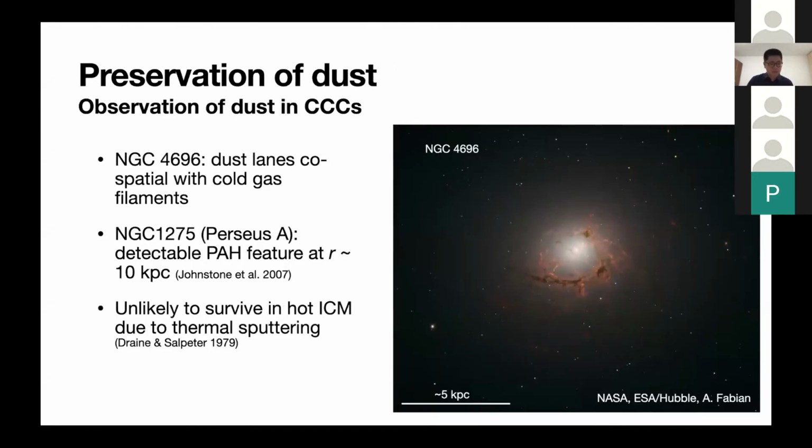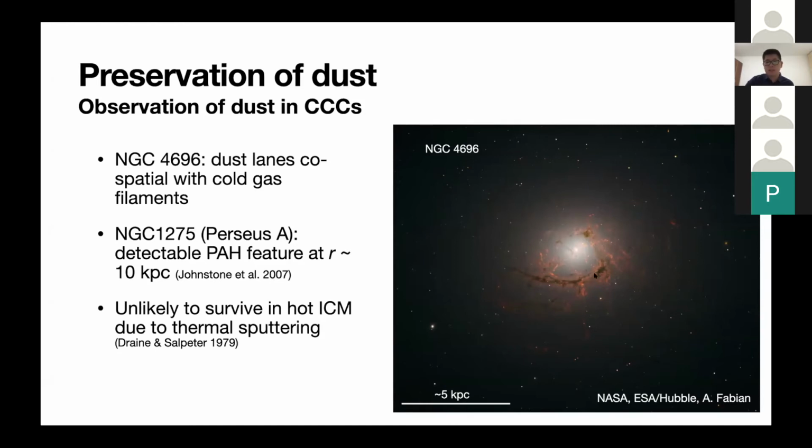The third question I wanted to talk about is the preservation of dust inside these systems. For example, in the Centaurus cluster, NGC 4696, you can see multiple dust lanes that are co-spatial with the H-alpha filaments.